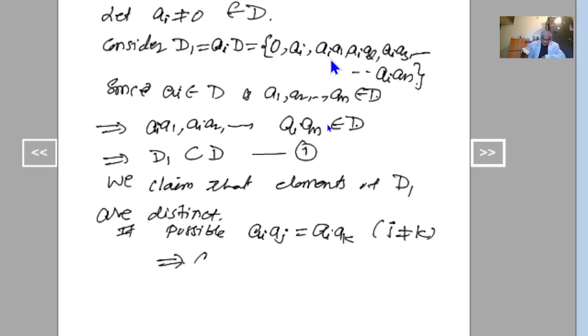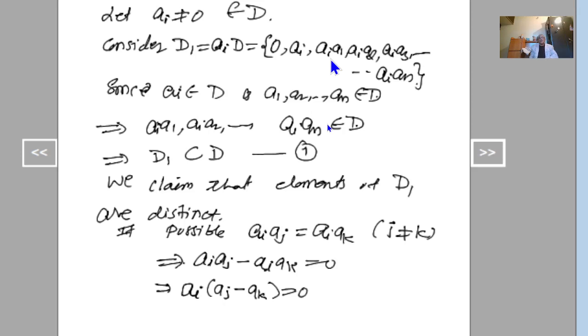This implies AI AJ minus AI AK is equal to 0. Right? And this implies, by distributive laws, we can write AI into AJ minus AK is equal to 0.